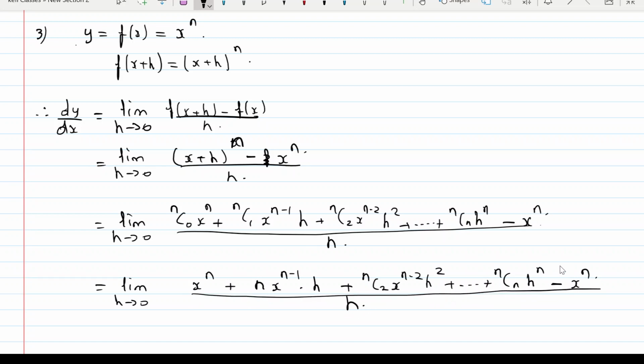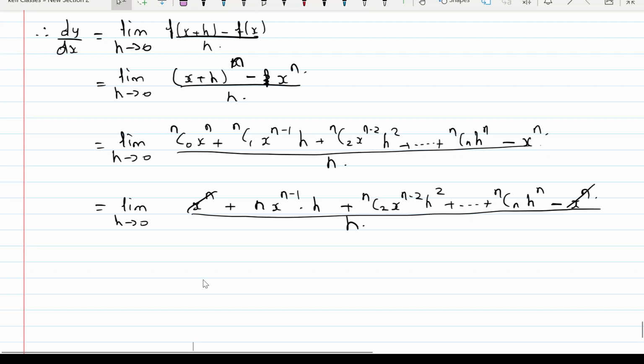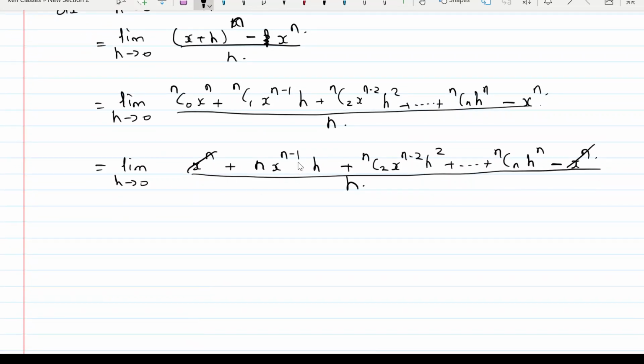h. So this x raised to n and x raised to n cancels. Now h is there in every term. Every term that you see over here, it's h, then h square. After this you'll have h cube, h raised to 4, till you finally come to h raised to n.